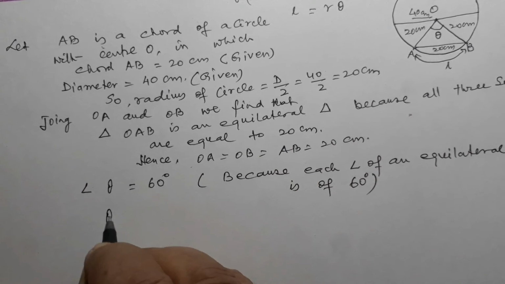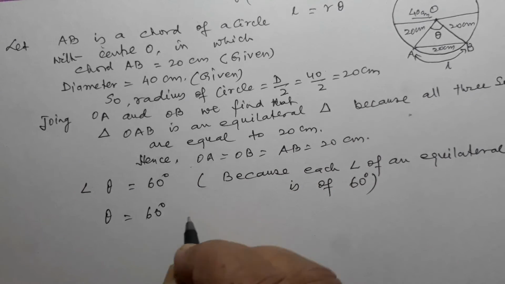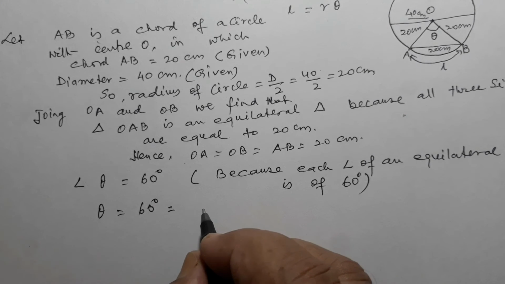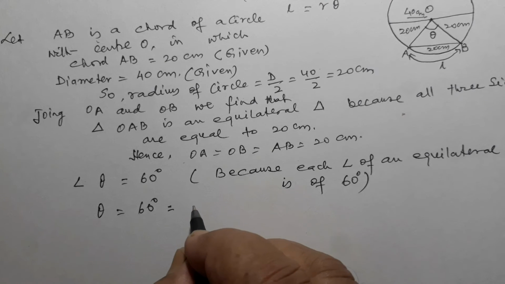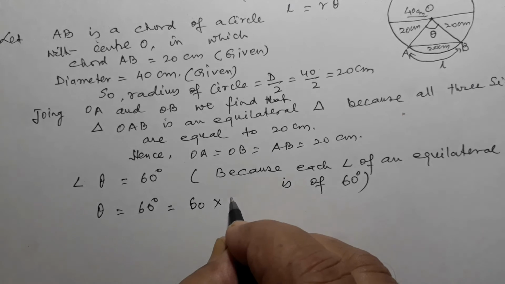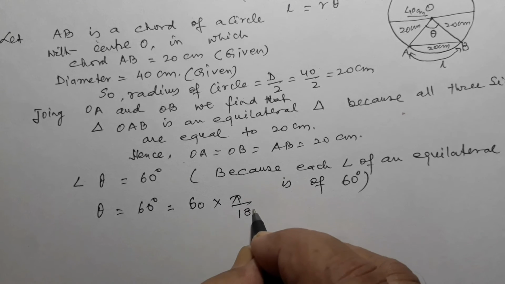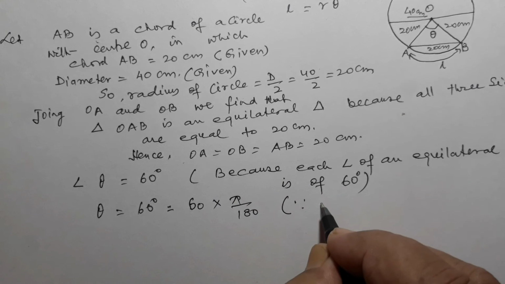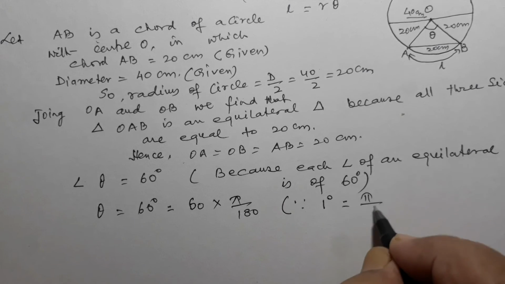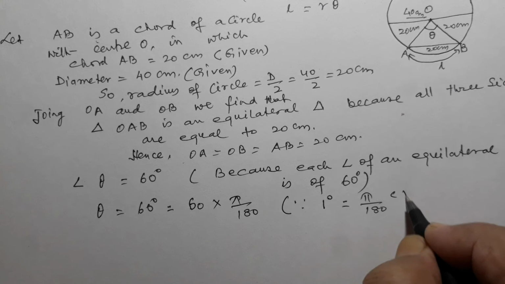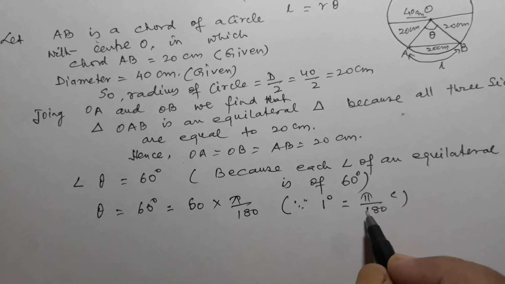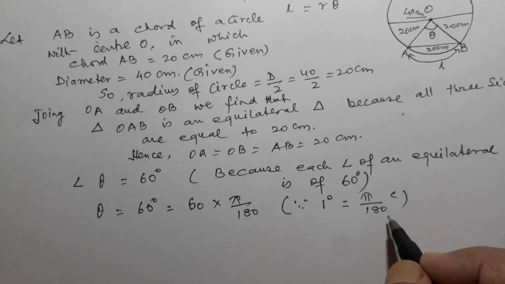So theta is equal to 60 degree, that will be changed to radian. It will be 60 into pi by 180, since 1 degree is equal to pi by 180 radian.